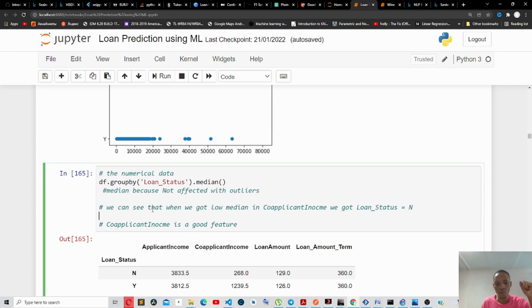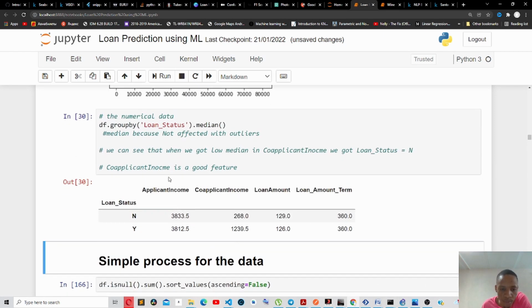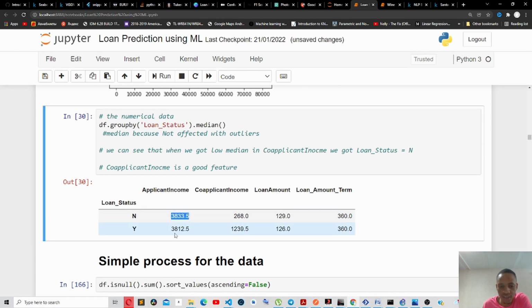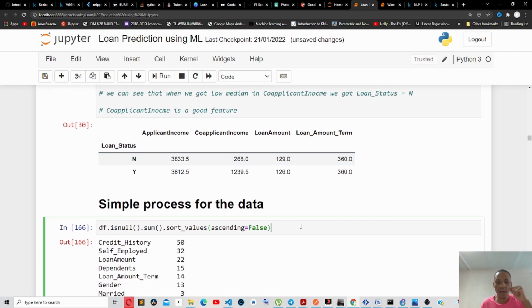So now, what we are going to do is look at the numerical data, right? We are going to use the loan status dot median, and you can see that the applicant income median is 38,000. And then the other thing that we are going to do is sort the values, using df.isnull().sum().